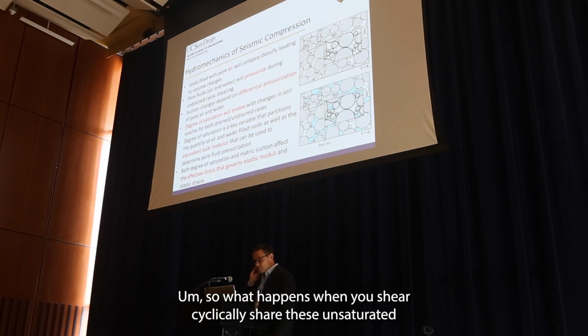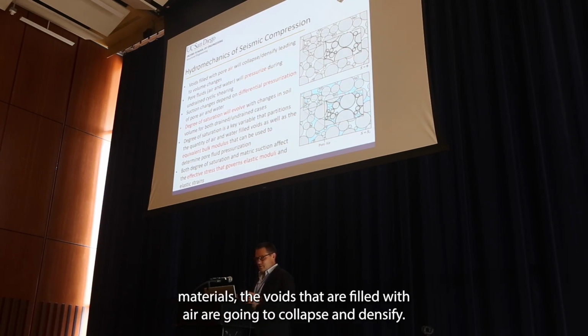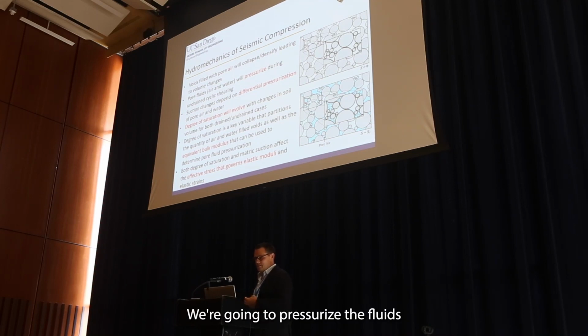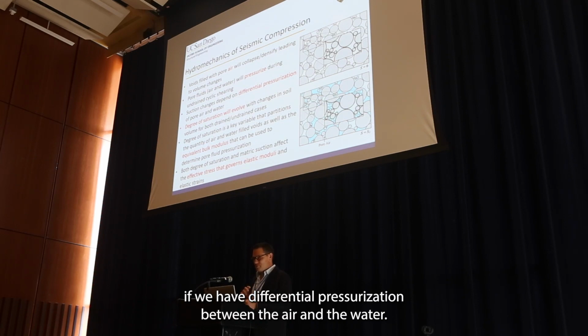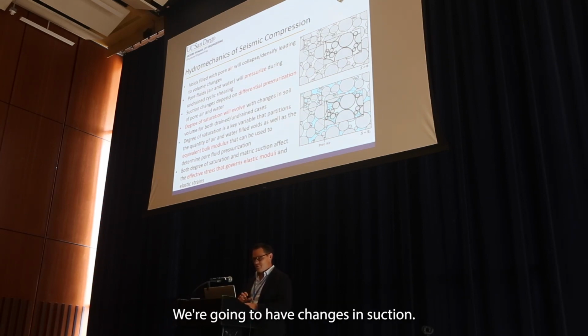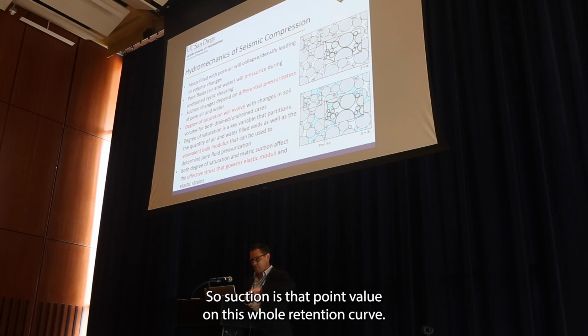So what happens when you cyclically shear these unsaturated materials? The voids that are filled with air are going to collapse and densify. We're going to pressurize the pore fluids, either due to collapse of the voids or just overall decrease in volume. If we have differential pressurization between the air and the water, we're going to have changes in suction. So suction is that point value on the soil retention curve.